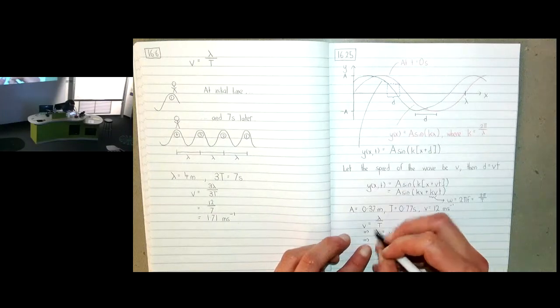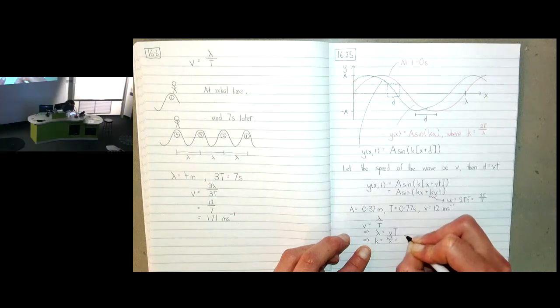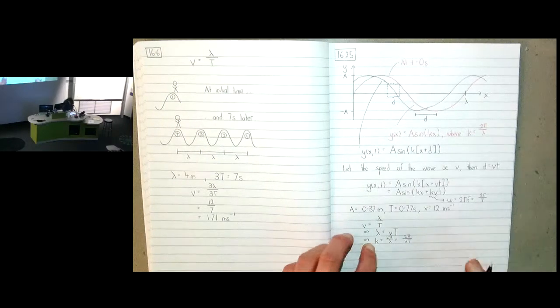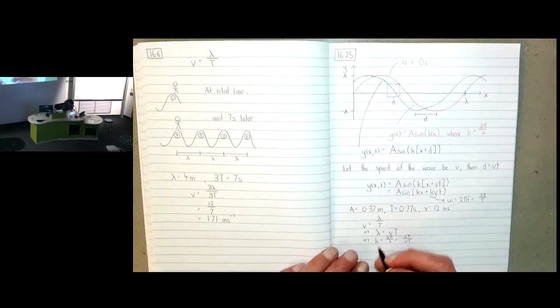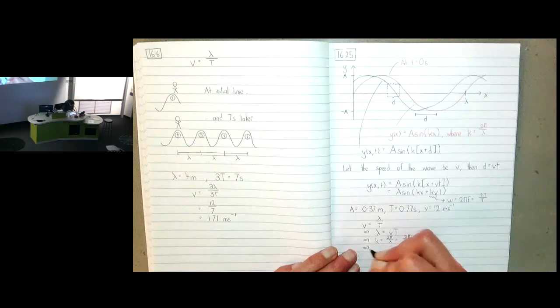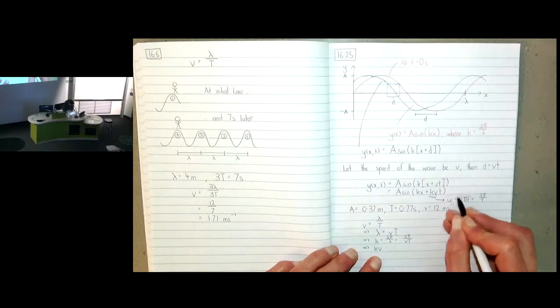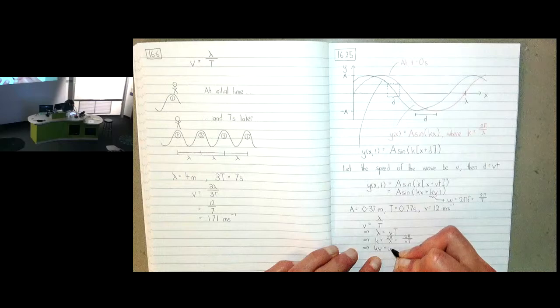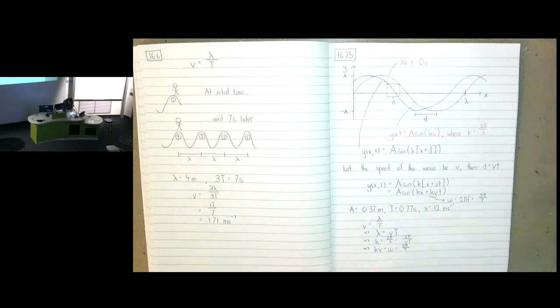Once we know that, the wave number is 2 pi divided by the wavelength, which is 2 pi divided by the speed multiplied by the period. And then k, the wave number, times the speed, or this angular frequency, is just going to be equal to 2 pi divided by the period, which is what we would expect.